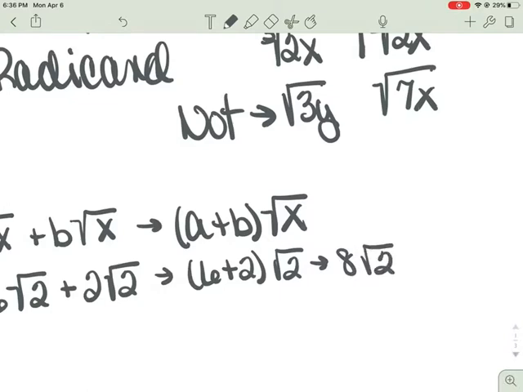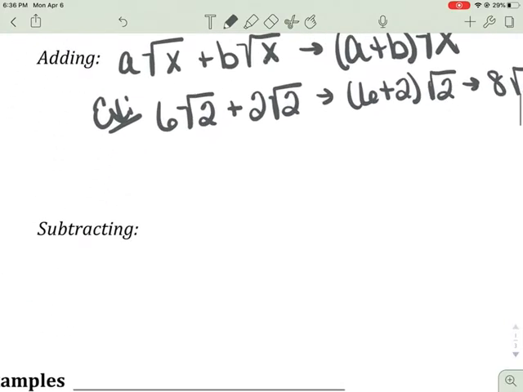Now, most of us can see that we're just going to add the 6 and the 2, carry the square root of 2 with us. But I want to make sure we're clear on why we're adding the coefficients and not touching the radicals. We're going to do the same with subtraction.